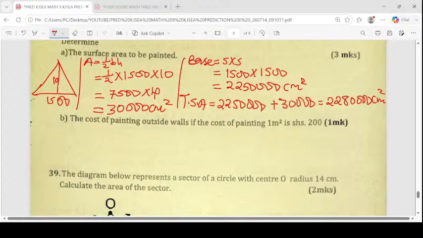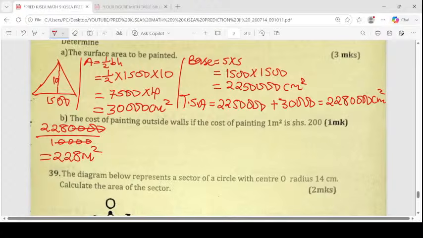So what is the cost of painting this? Let me convert this one to square meters. So when I have 2,280,000, I'm going to divide this by 10,000. So the 4 zeros and the 4 zeros will cancel. So this is like saying 228 square meters.